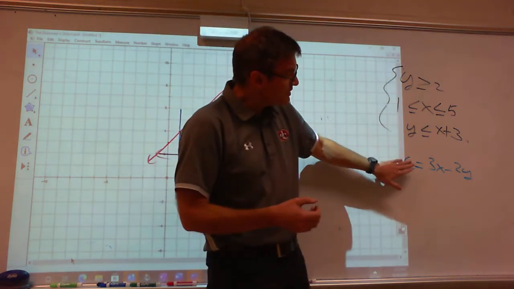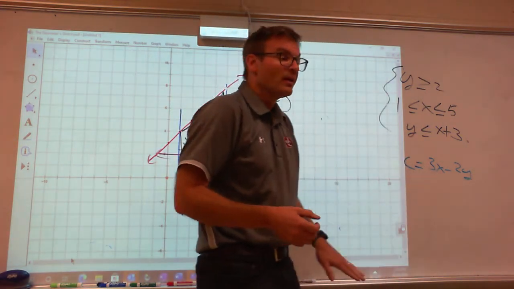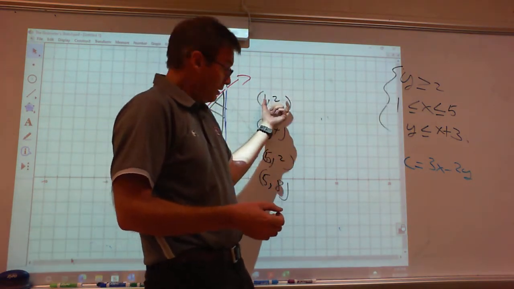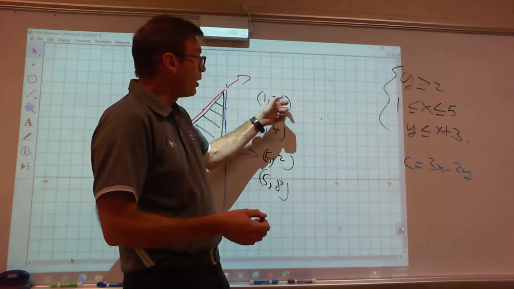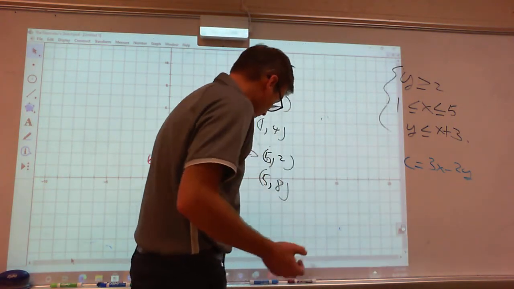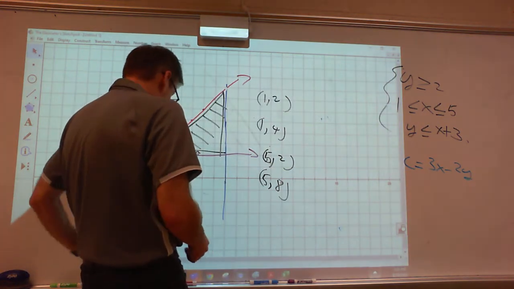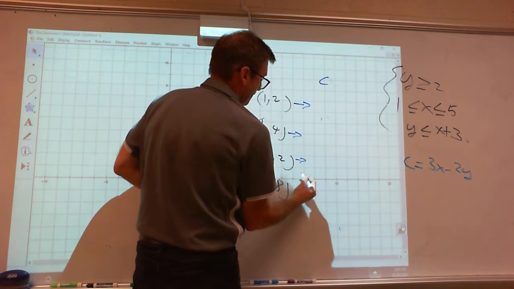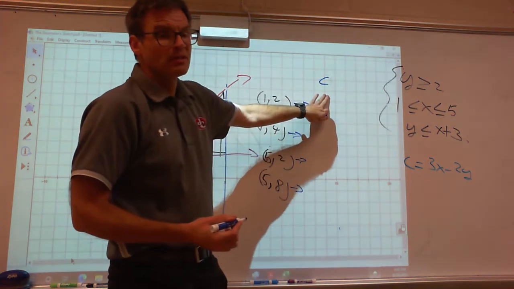Well, you notice C has an x and a y in it. And what we've got to do is use these coordinates, there's an x part, there's a y part, to find out what C can be. So the way that works is I'm going to make up a little chart. I want to know what C is.